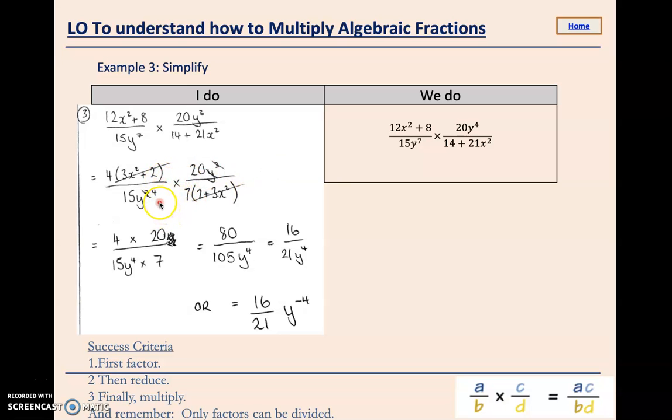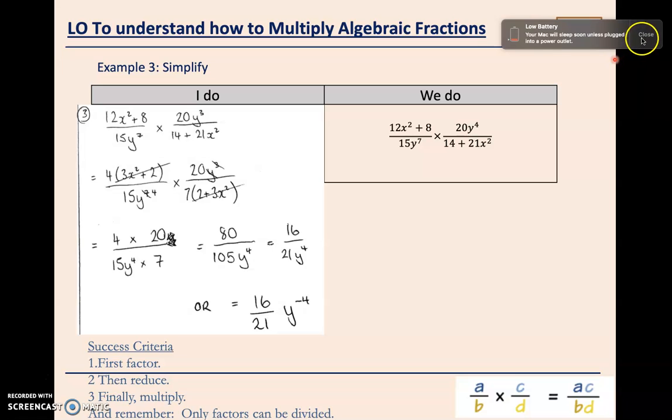So we can now move further. So now we know on the top we've got 4 times by 20, which we get 80. And on the bottom we have 15y to the 4 times by 7, which gives us 105 y to the power of 4. Now we can cancel this, and we can divide through by 5, and we get 16 on the top and 21 on the bottom.